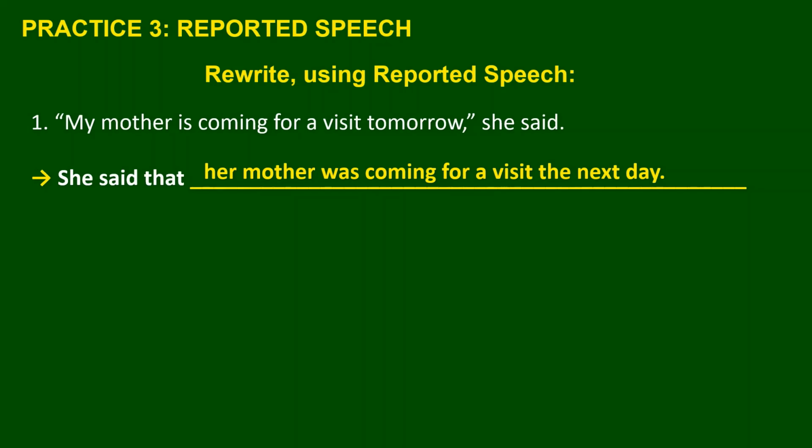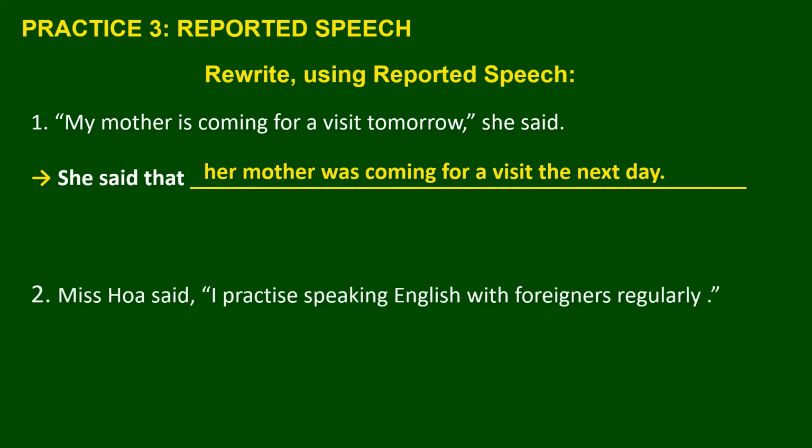Is it clear? Number 2. Mrs. Hoa said, "I practice speaking English with foreigners regularly." So the speaker is Mrs. Hoa. It means that "I" in indirect speech is the speaker, Mrs. Hoa.